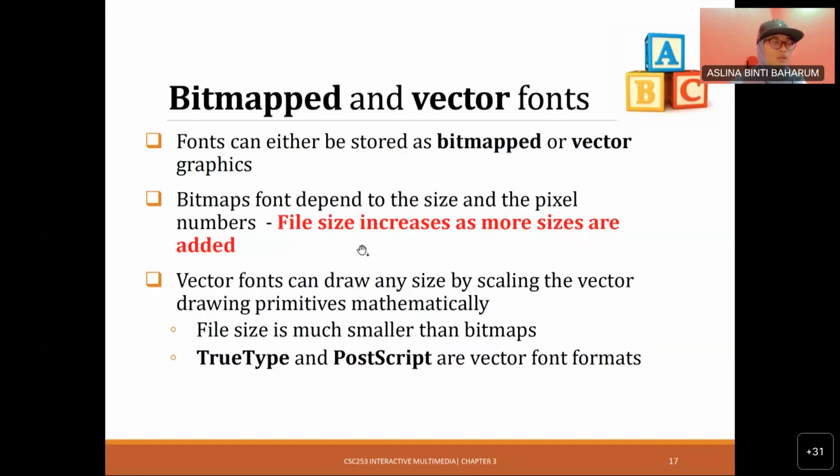Because we are using a computer, right? If the pixel count is higher, you can see the word clearly, right? But if the resolution is a bit low, you cannot resize it, right?